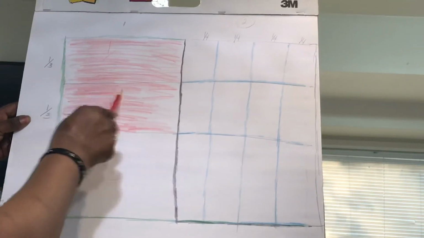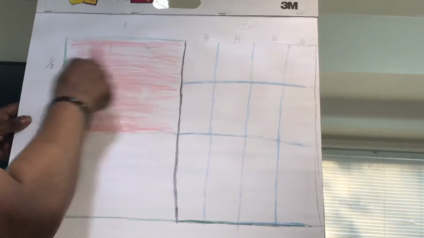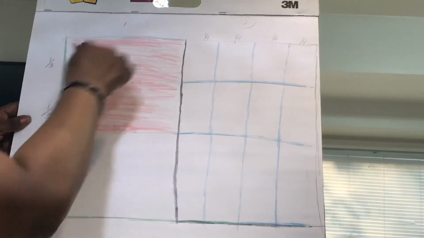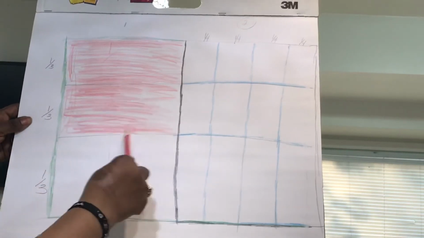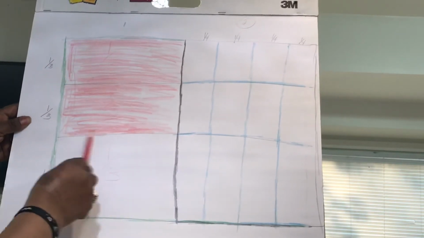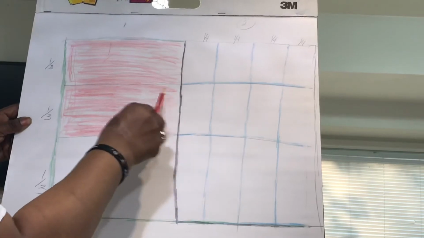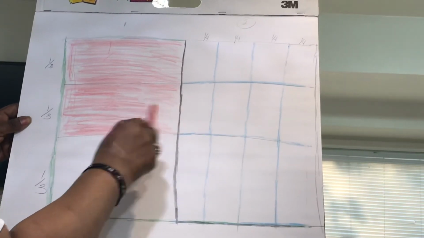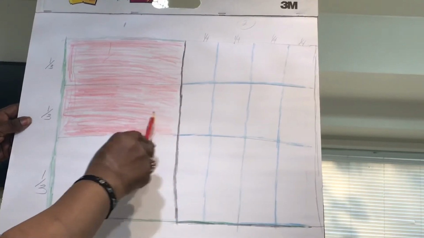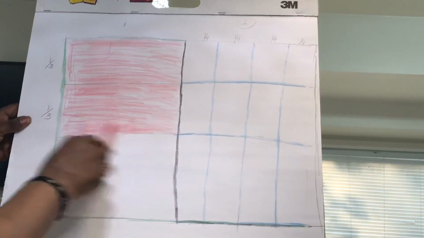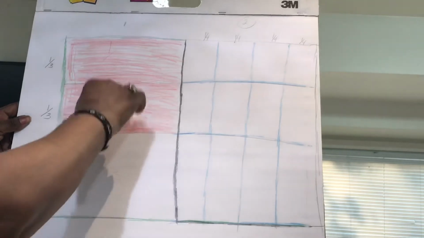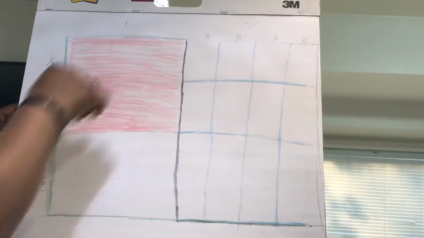So that's 1, 2, 2/3. Now I have the second cup of sugar that's divided into fourths, and I want to shade in.